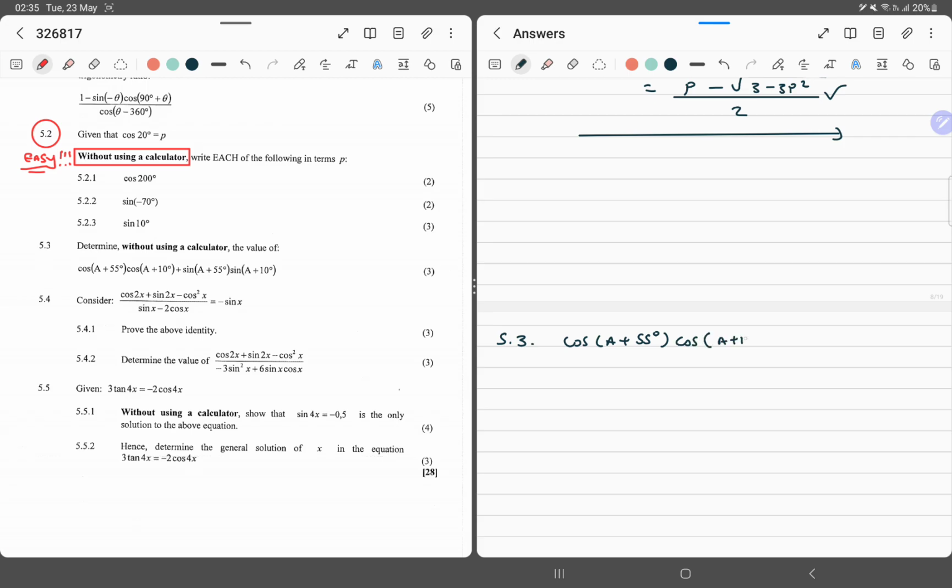Cos of A plus 10 degrees, plus sine of A plus 55 degrees, sine of A plus 10 degrees. Okay. Now we're told, without using a calculator, determine the value of. Okay.